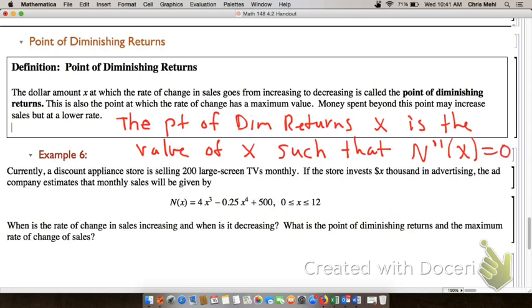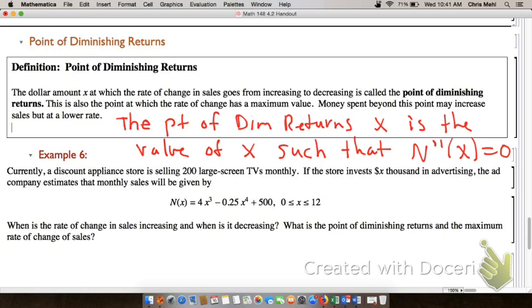So this x is going to end up being a partition number for the second derivative, and it's a place where the second derivative changes from positive to negative, right? So where the first derivative goes from increasing to decreasing. And the first derivative is the rate of change in sales.